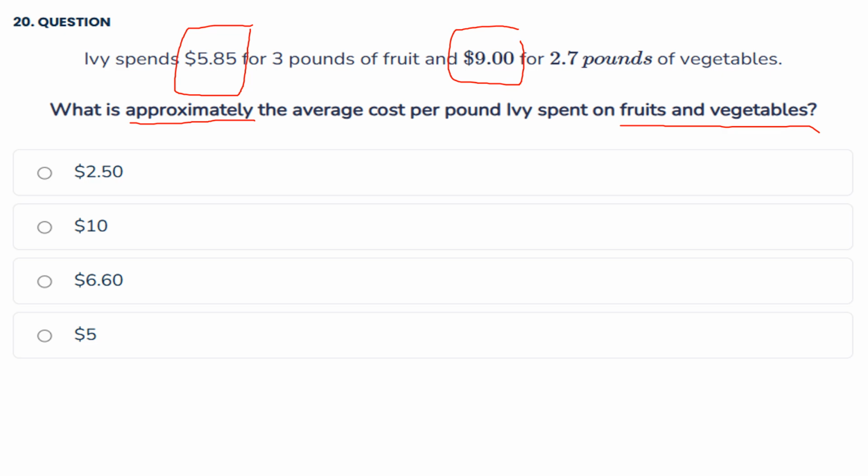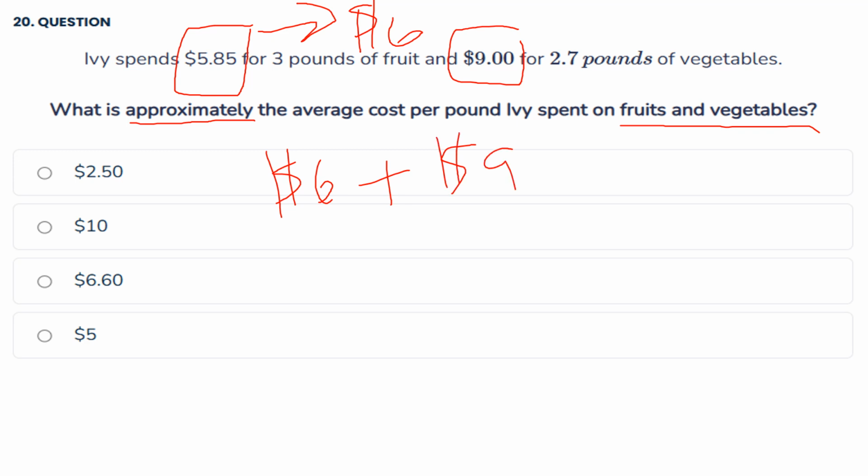So we're going to look to the number to the right of that 5, which is an 8. So that means that number is going to round up. So what we're going to use is $6 for the cost of the fruit. So now that we have that rounded up, we add our two costs. So $6 plus $9, that equals $15.